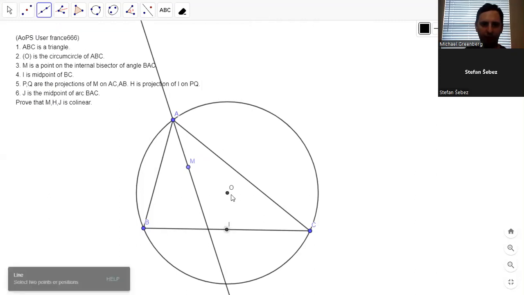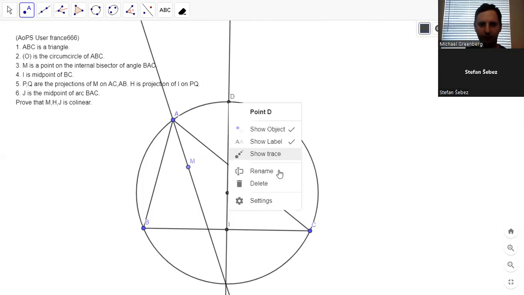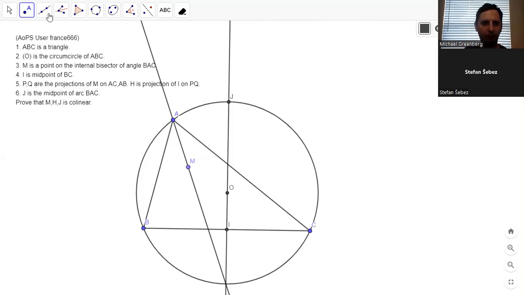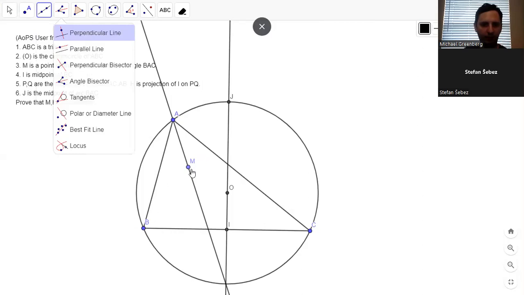And J is the midpoint of arc BAC. I'm just doing this kind of out of order. So this is J. P and Q are the projections of M onto AB and AC.